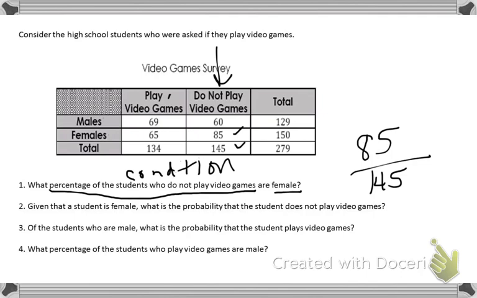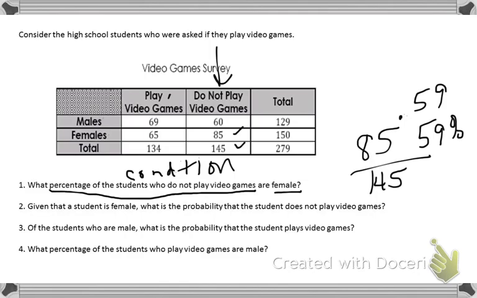So instead of 85 divided by 279, we are doing a condition where it says percentage of students who do not play video games are female. So we're going to do 85 divided by 145, and that is 59%. Remember, you get 0.59. Move your decimal 2 spaces to the right.